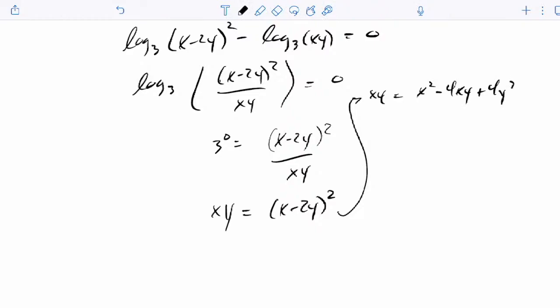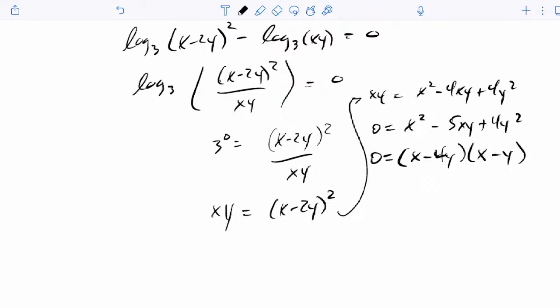I wasn't sure. Okay, so what I did was I expand out the right hand side to get x squared minus 4xy plus 4y squared. I just brought everything to one side. You get x squared minus 5xy plus 4y squared. This factors into x minus 4y times x minus y.